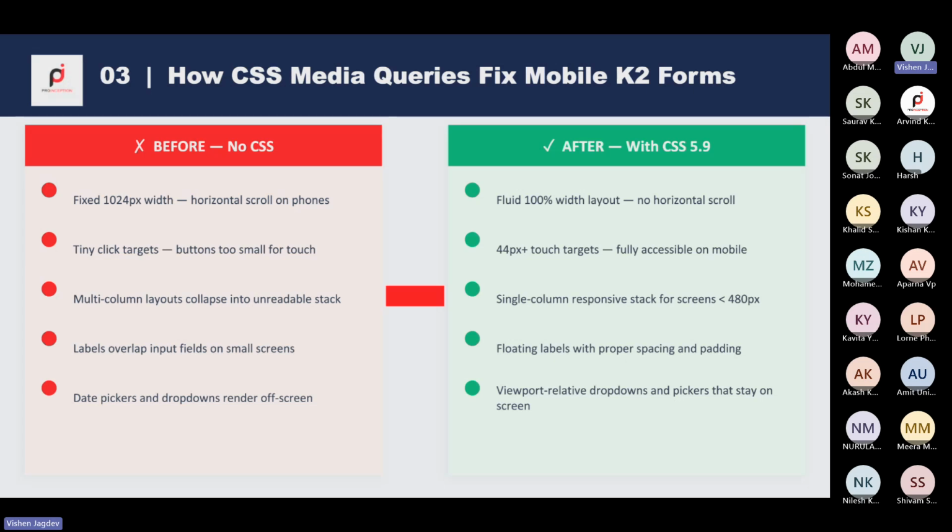Complex multi-column layouts intelligently collapse into clean single-column stacks on smaller devices, making everything easier to read and interact with. Labels have proper spacing, fields align correctly, and controls stay within the visible screen area.